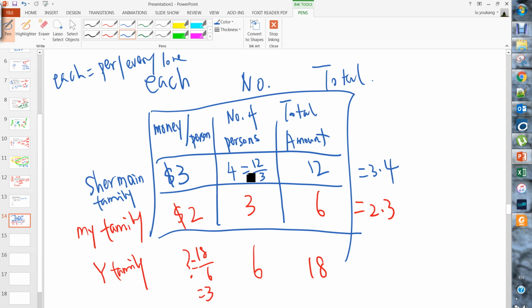It's 18 divided by 6, right? 12 divided by 3. 3 times 4. So in fact, for each cell here, you know how to get it, right? Okay, so now let's go back to the question.